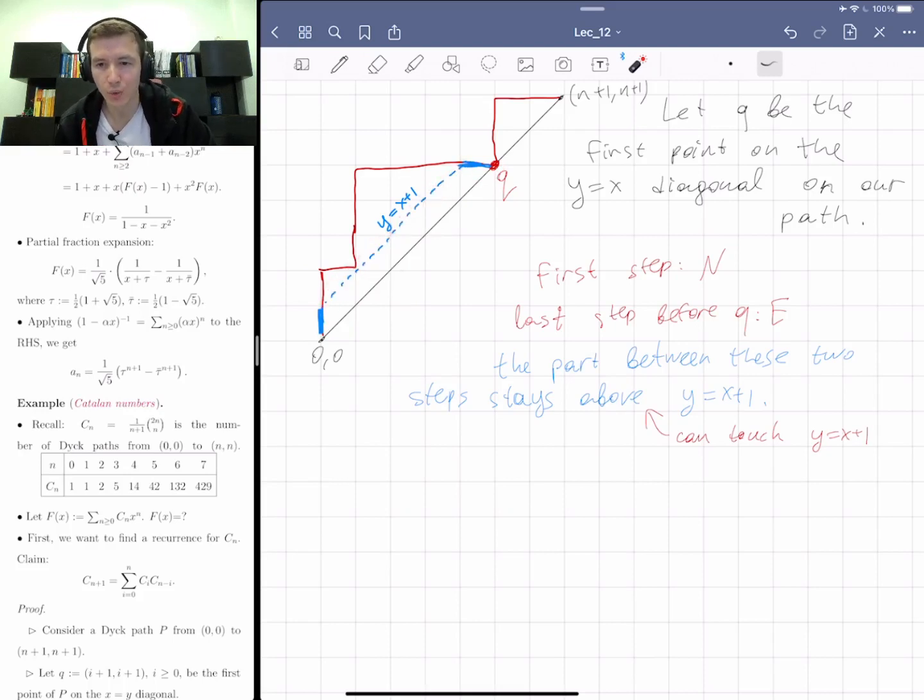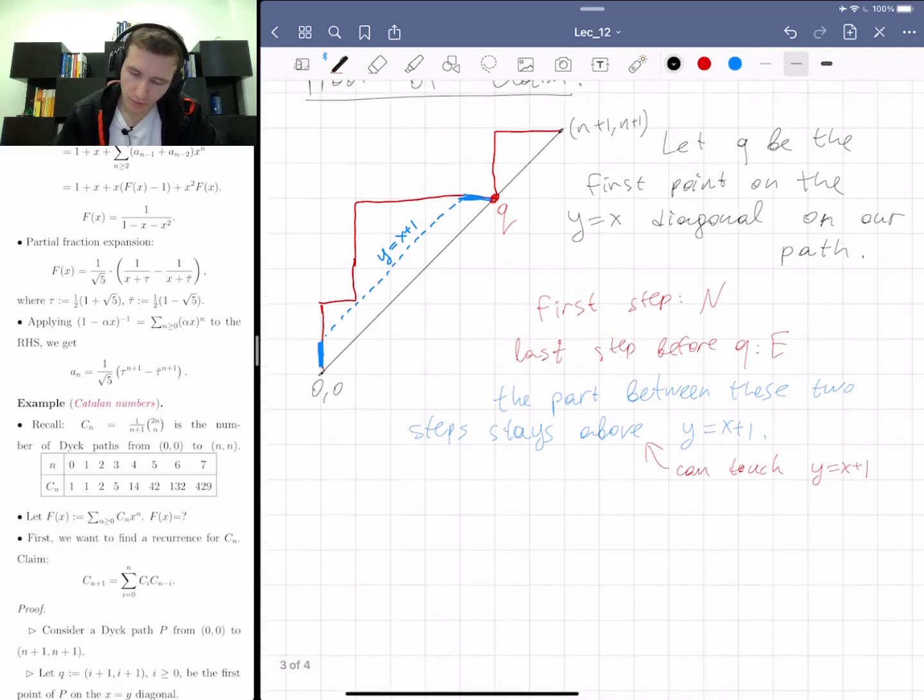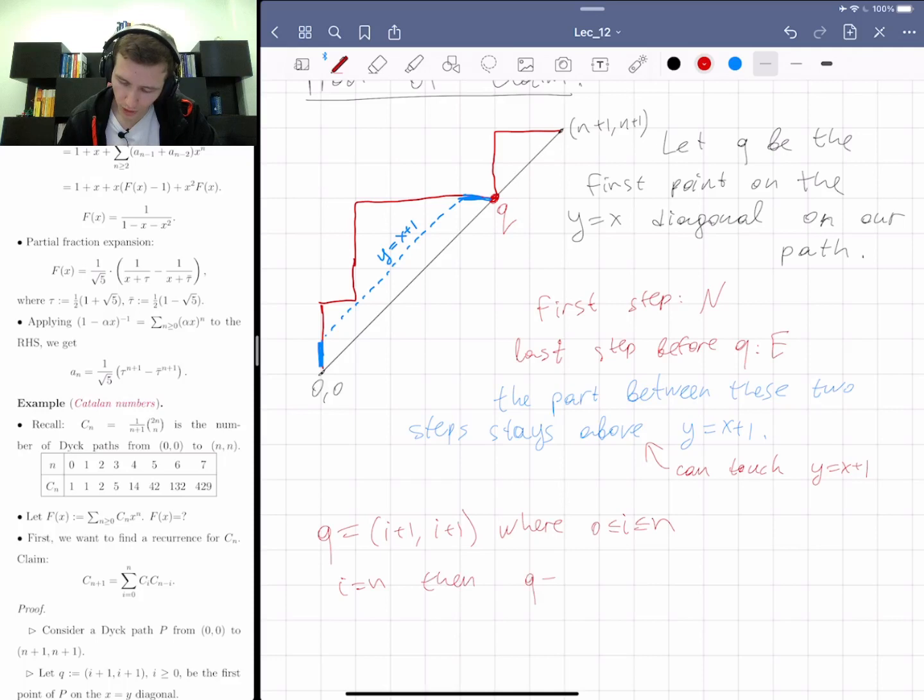Why does it need to touch y equals x? Why not n, n? Yes, there is a special case. Let me just say that q is equal to i plus 1, i plus 1, where i is between 0 and n. In particular, if i is equal to n, then q is n plus 1, n plus 1, in which case our path just goes all the way north and then all the way east.